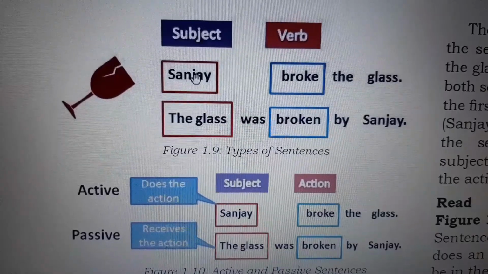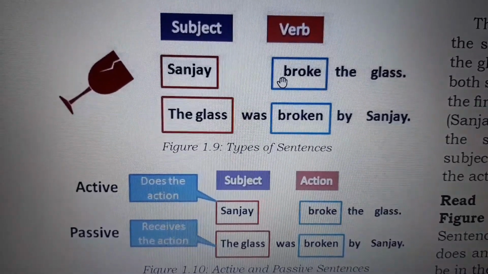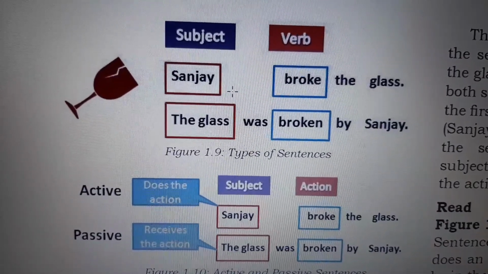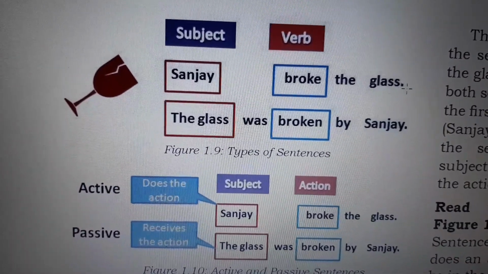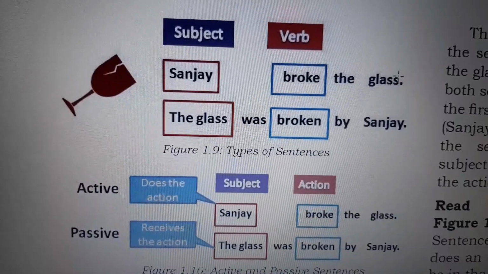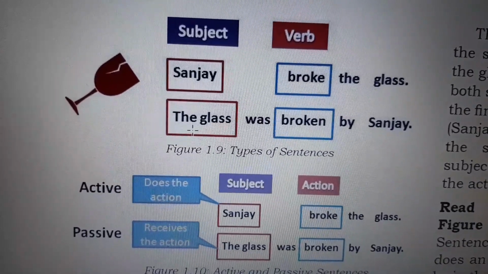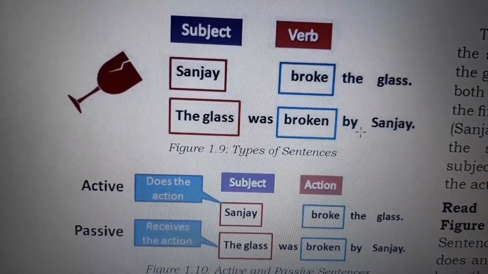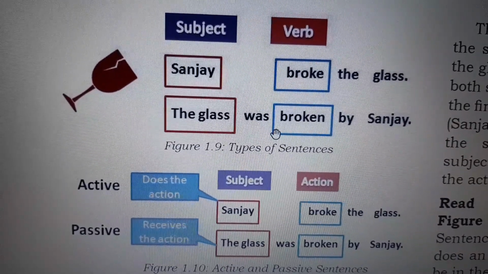When the subject comes first, then verb and then object, it is known as active. When we make the object first, the glass was broken by Sanjay, this is a passive voice.